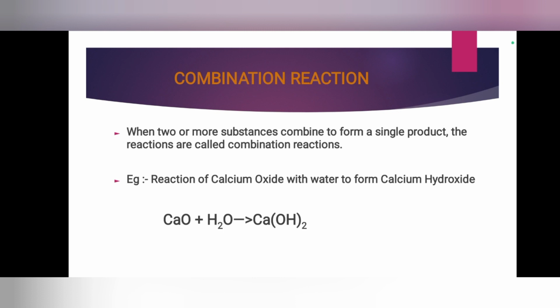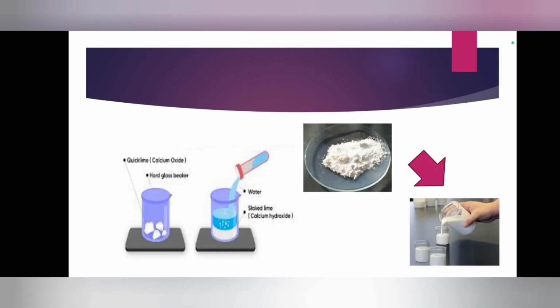As the name indicates, it is the combination of different substances to form a single product. I'll give you an example. Normally, painters use quicklime, and you might have seen they use a stick to stir it. Why can't they use their hands?